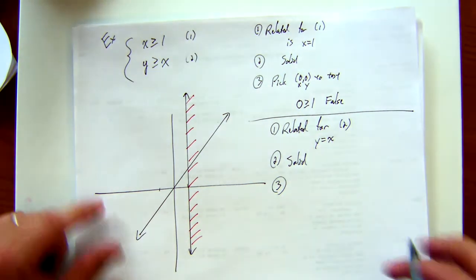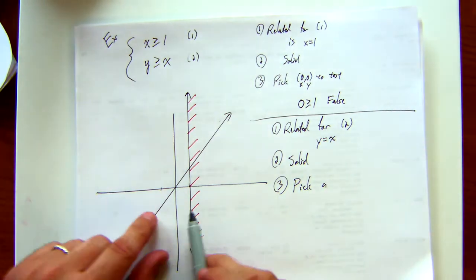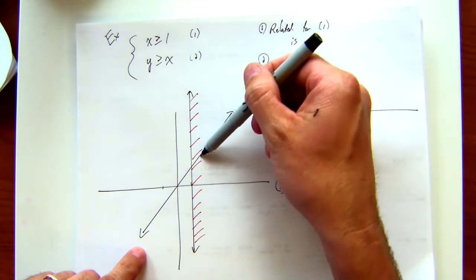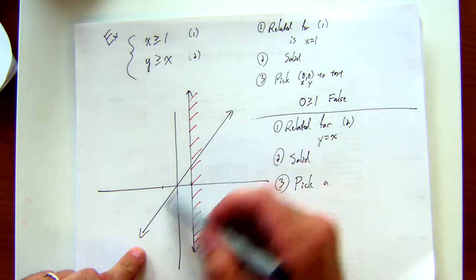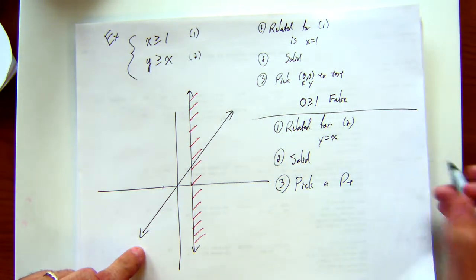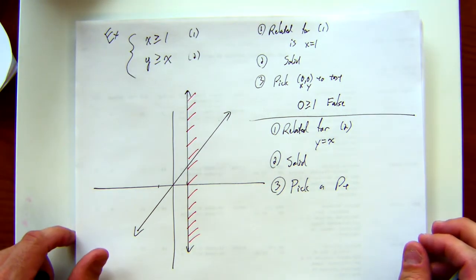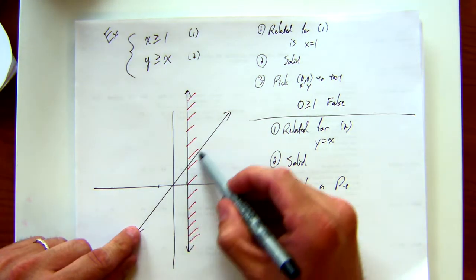Now what do I need to do? I need to pick a point. Now when I test it, I want to test whether it's on this side of this line or the other side of this line. So what's a point you want me to pick? Remember, I'm testing this line.